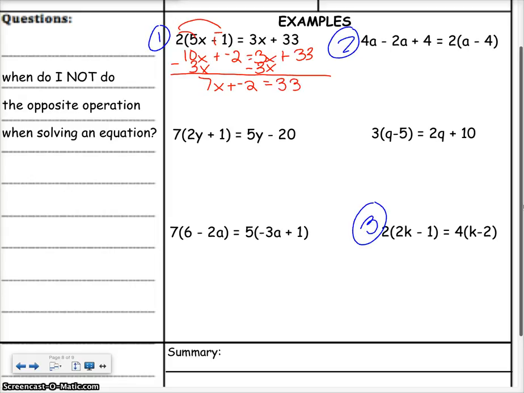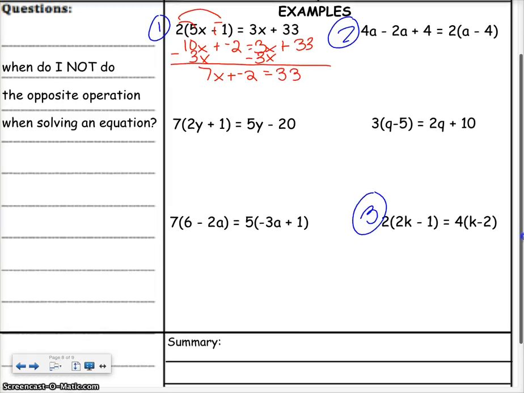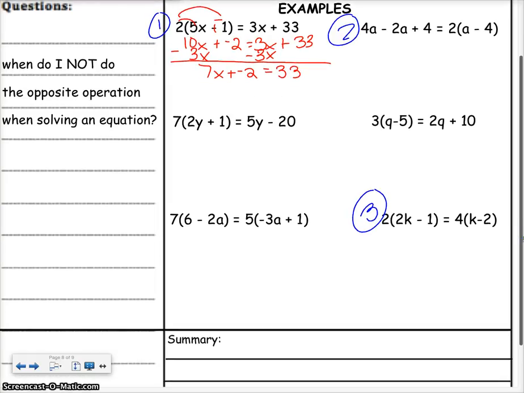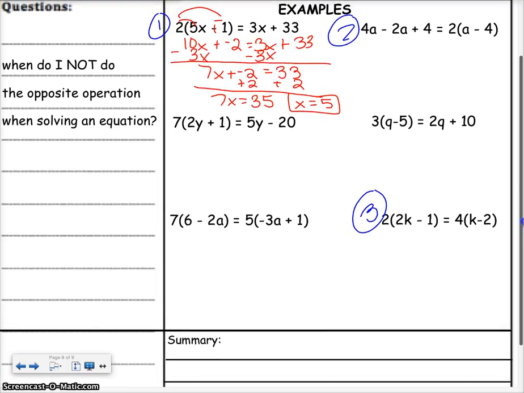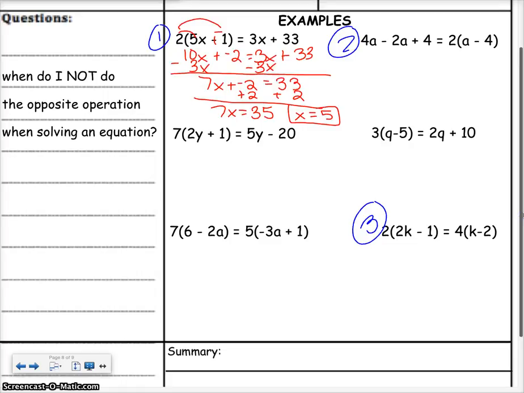I can already tell that this is not special because my variable doesn't disappear. So I plus 2 to both sides. 7x is 35. Then x is a 5. That is a one solution. Remember that what you do, you either have a one solution, identity, or no solution.